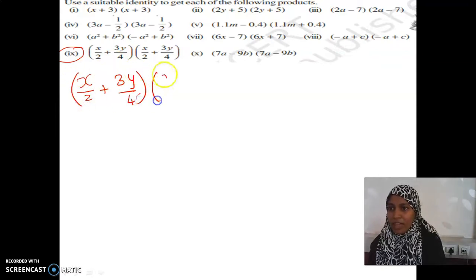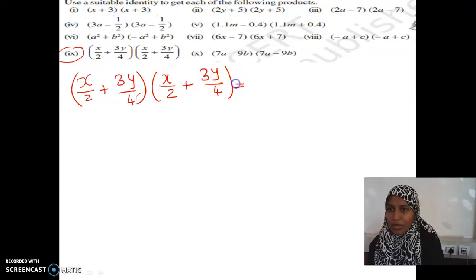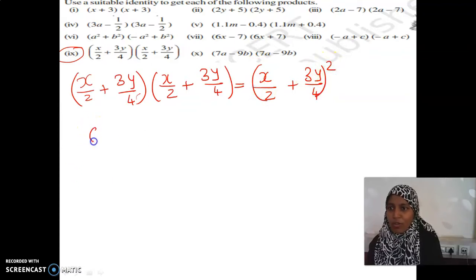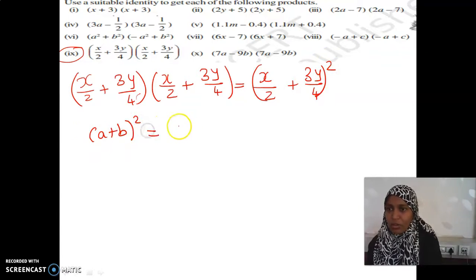Here we have x by 2 plus 3y by 4. It is repeated twice. So I can write in general (x by 2 plus 3y by 4) the whole square. Which identity am I going to make use of now? It is (a plus b) the whole square is equal to a square plus 2ab plus b square.